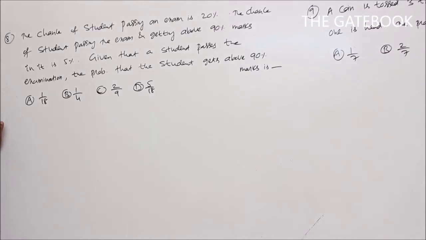This is a problem on conditional probability. The chance of a student passing an exam is 20%. The chance of a student passing the exam and getting above 90% marks in it is 5%. Given that a student passes the examination, what is the probability that the student gets above 90% marks?